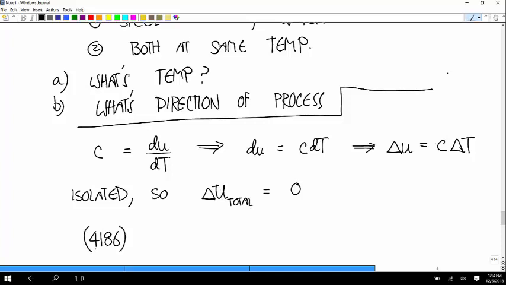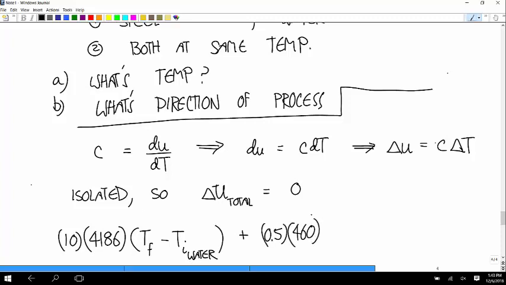So we have the specific heat of water times the mass of the water that we have, times the temperature final minus the temperature initial for the water. And then we'll add that to the change in energy for the steel bar. So that's 0.5 times 460 times T final minus T initial for the steel. And those have to add up to 0.